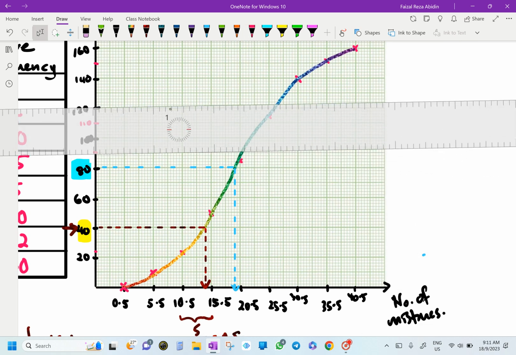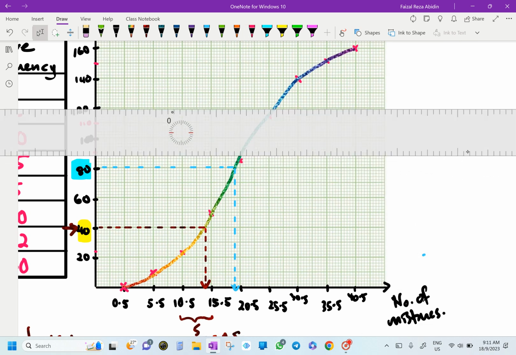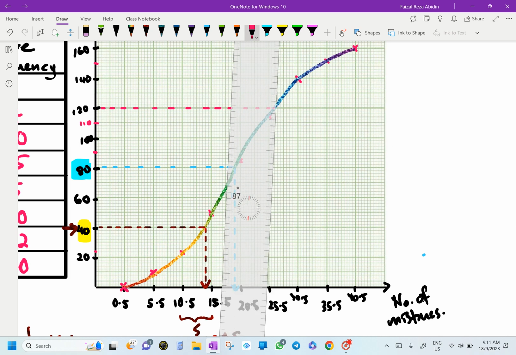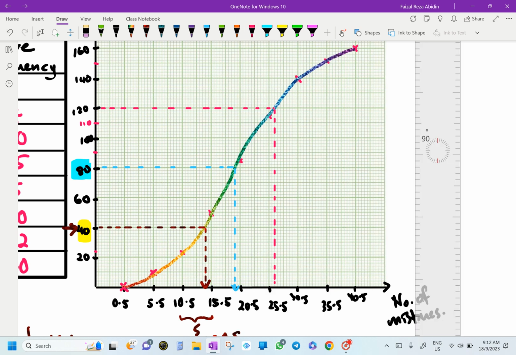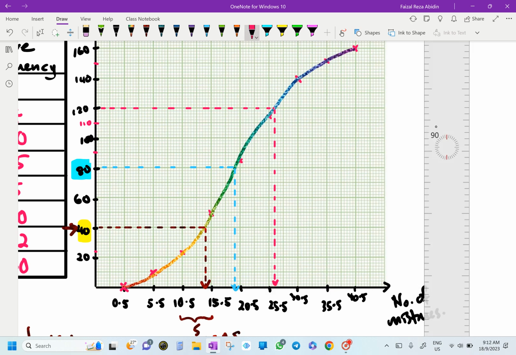So I'm going to make my straight line dotted here until you intercept with your ogive, and make a straight line to your x-axis over here. Okay, I'm going to get 2.